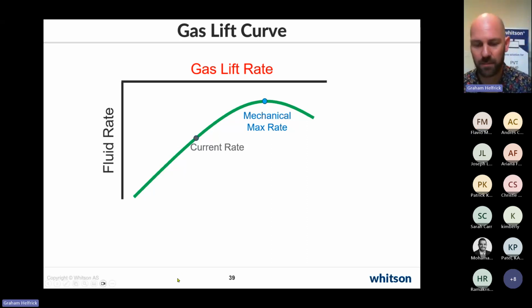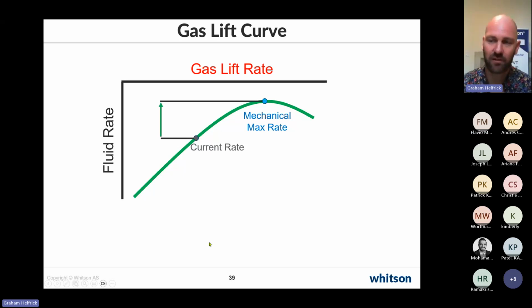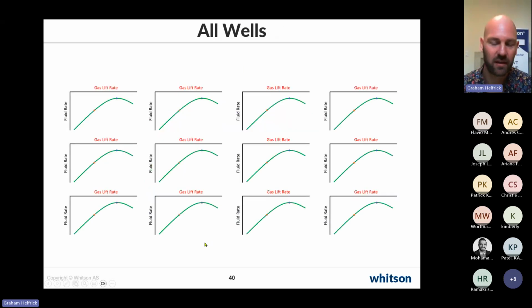Good idea. So the next thing that'll evolve from this is really to automate this. So every well has a different IPR, different gas lift configuration, and so it will make sense for us to just batch produce these gas lift optimized curves for every well, and that will be coming.